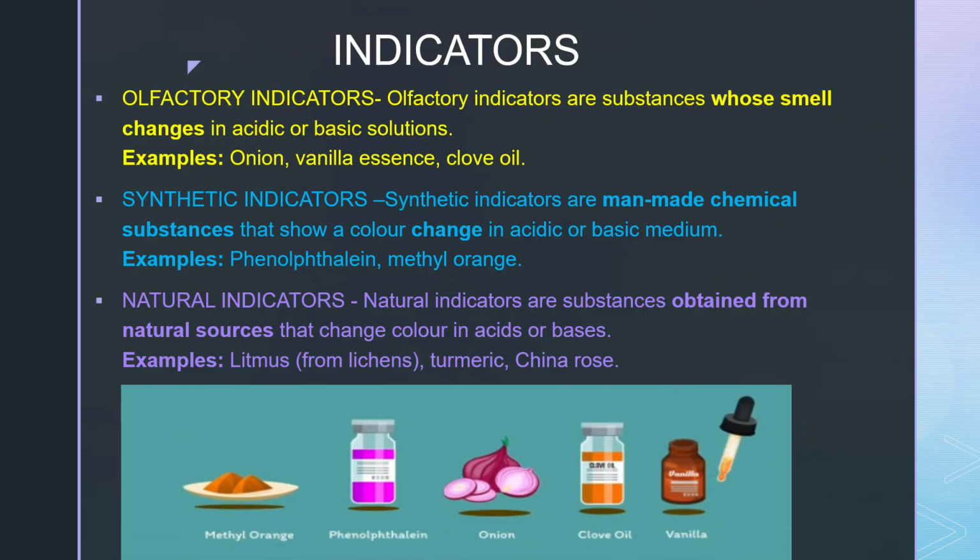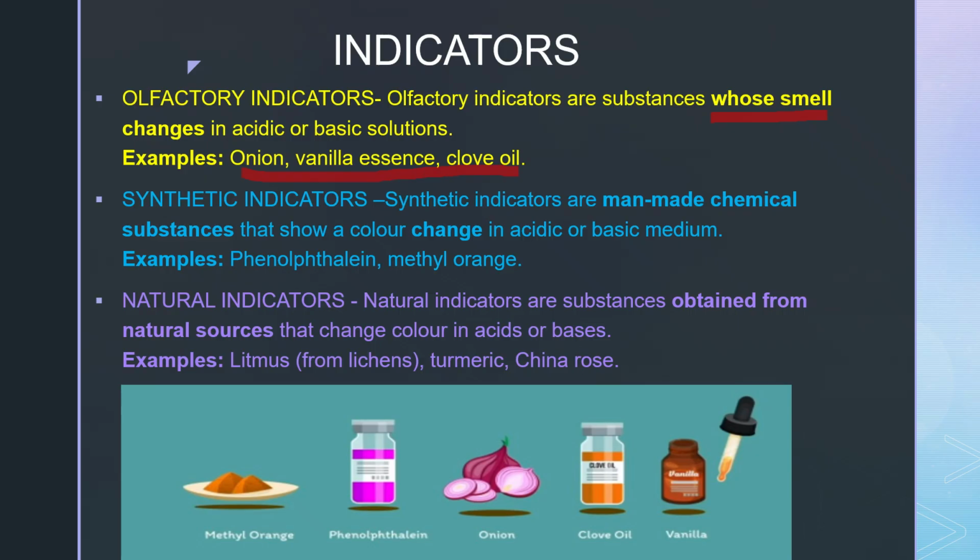Now, olfactory indicators are the substances which change their smell, like whatever smell they earlier have, they might have lost it or gained it. So they are known as olfactory indicators. Very famous examples of olfactory indicators are onion, vanilla essence, and clove, right?